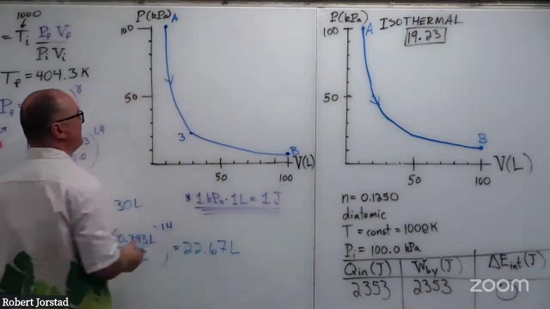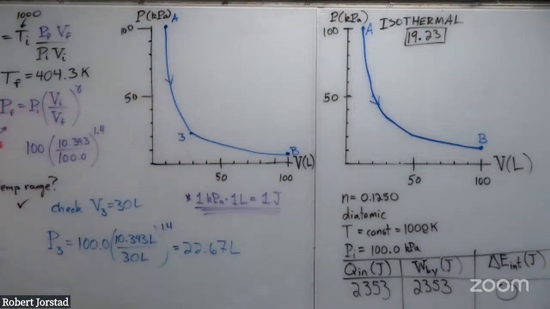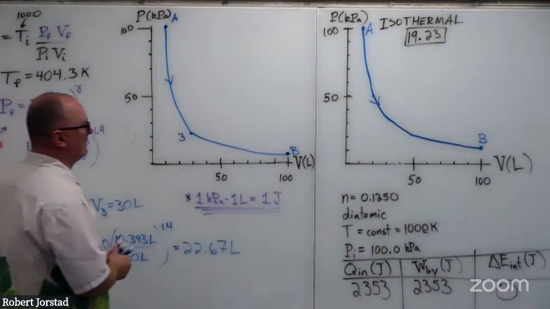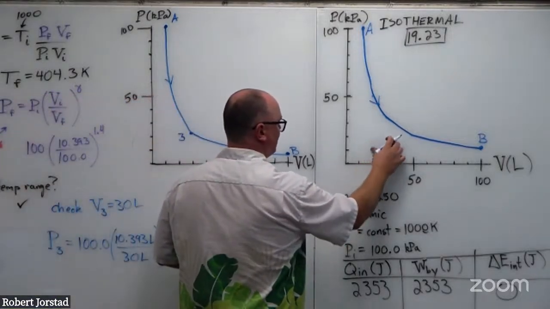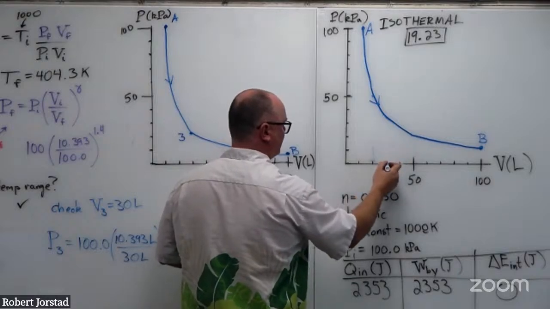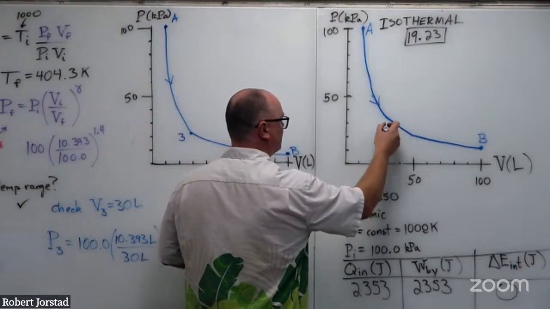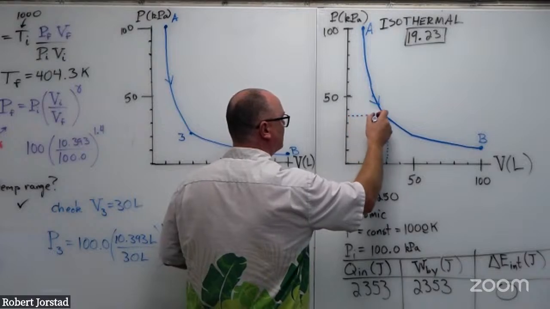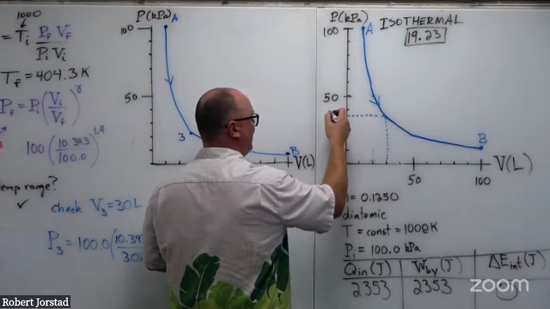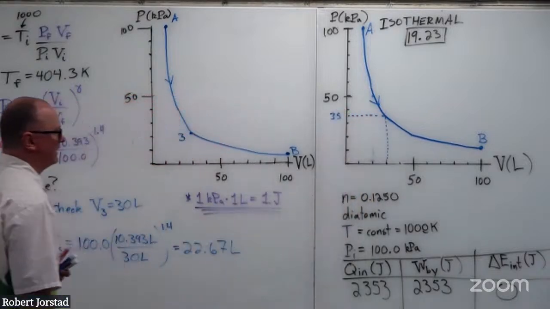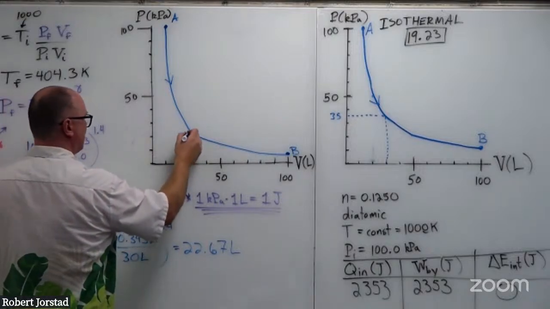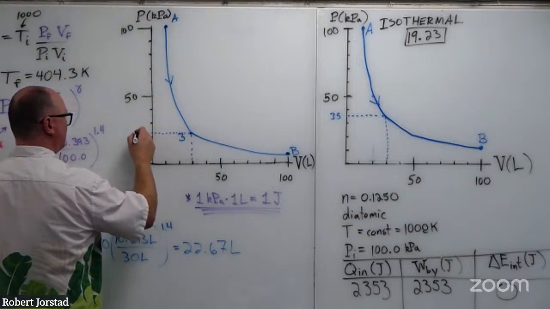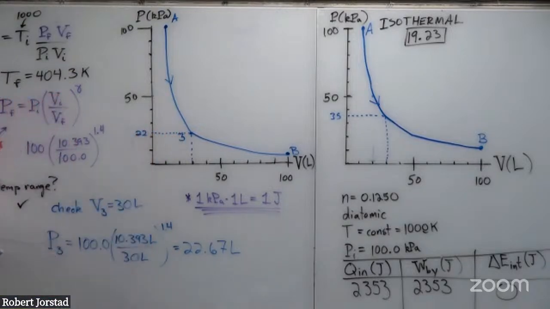It's not perfect, obviously, but for comparison, at 30, we're comparing 30 here. This was about 35 at 30, whereas this one is way down here at 22 at 30. So hopefully that helps you kind of see.